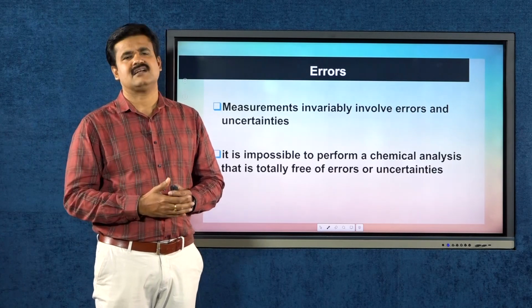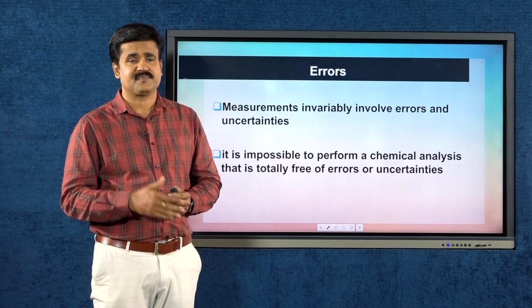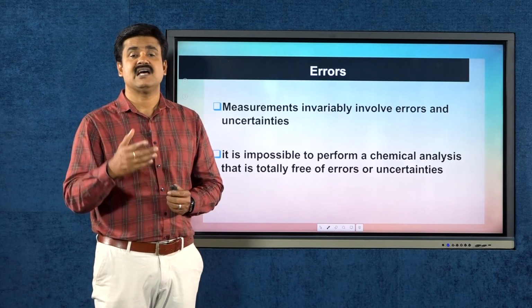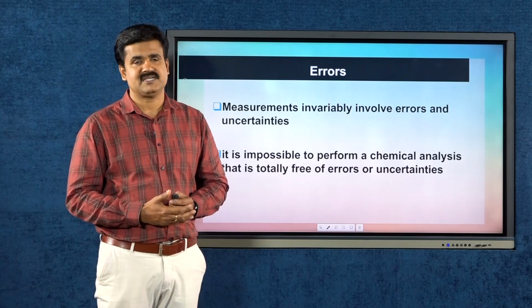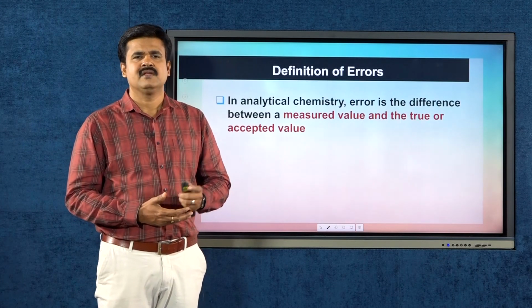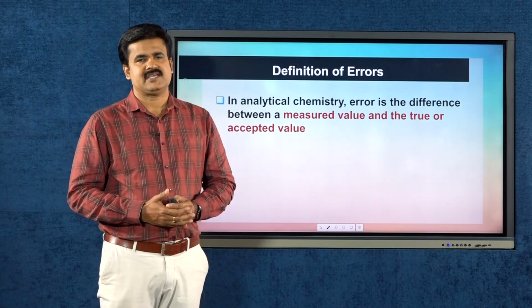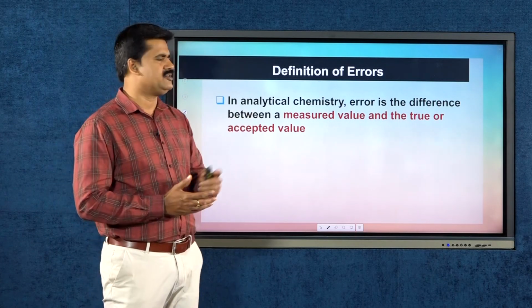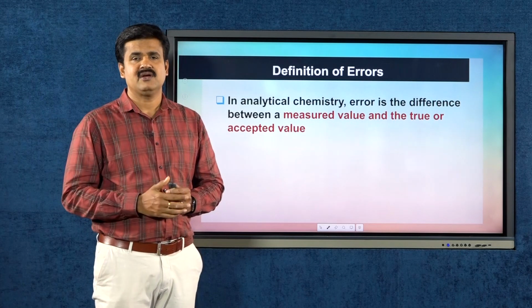In that case also, there may be a chance for the existence of errors as well as uncertainties in a measurement. Now, in analytical chemistry, error is defined as the difference between a measured value and the true or accepted value.